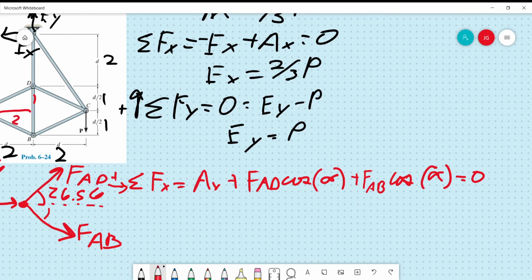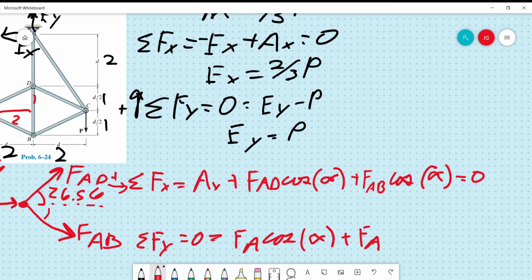So we're going to do sum of forces in the y, which gives us FAD sine alpha plus FAB sine alpha. Right, all equals out. And honestly, I messed up there.